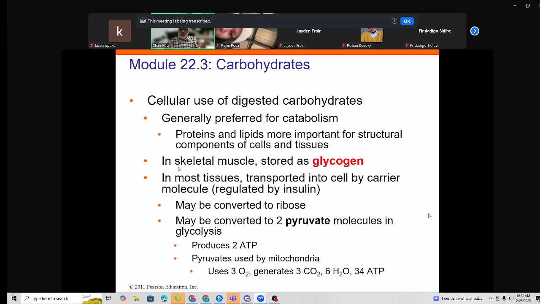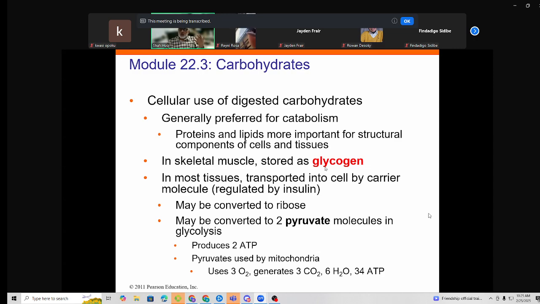Glycogen, I said, is the stored carbohydrate in the human body. It is stored in skeletal muscle and also in the liver. And this glycogen will be broken down by glycogenolysis to make glucose.